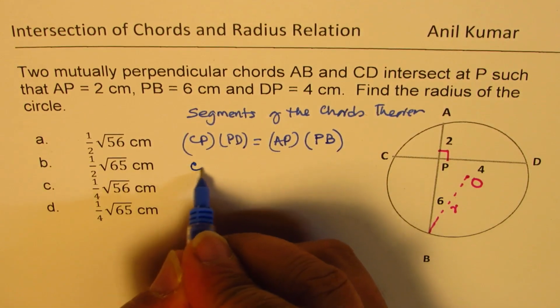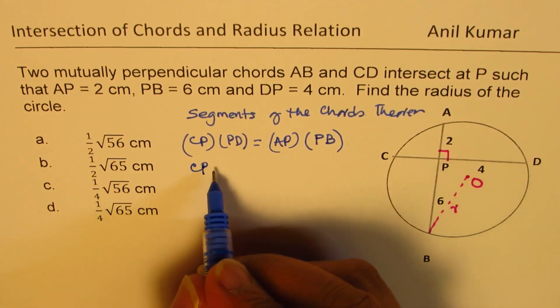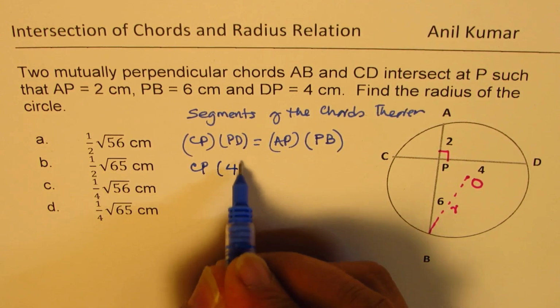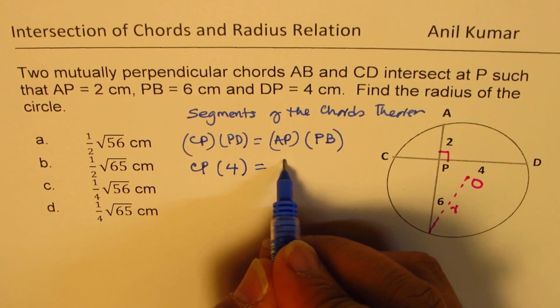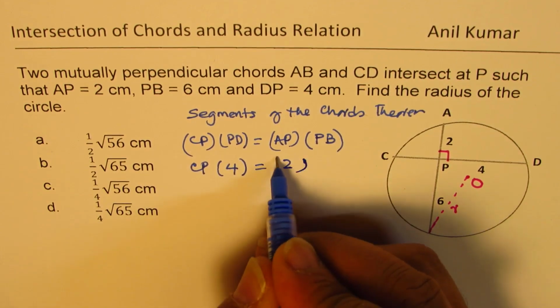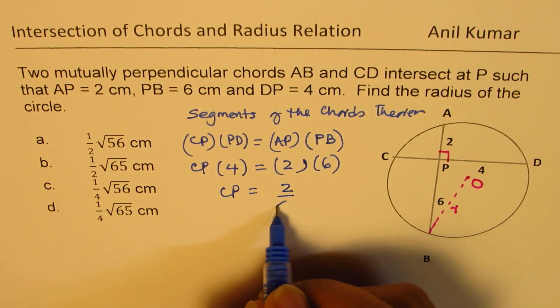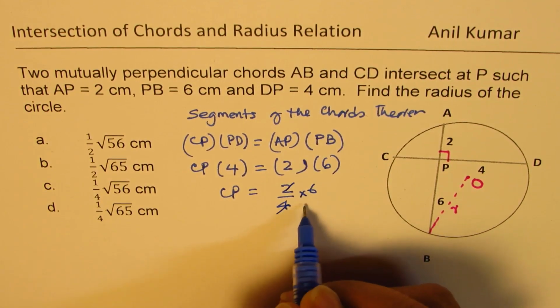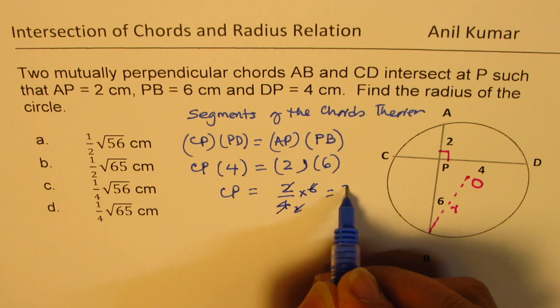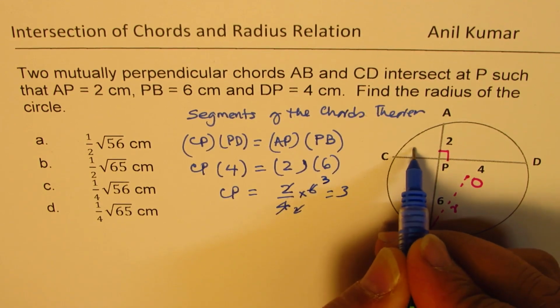So CP times 4 equals 2 times 6. So CP is equal to 2 times 6 divided by 4, which is 3. So we know CP is 3.